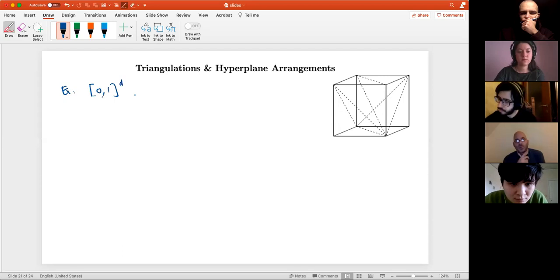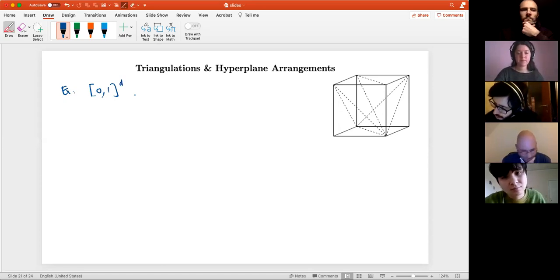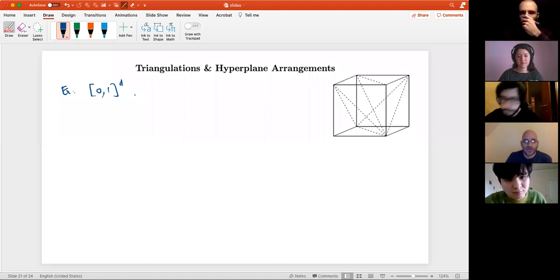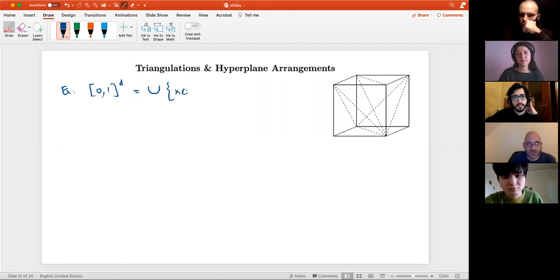I will show you what's called the canonical triangulation of the unit cube in d dimensions. So this is a d-dimensional 0, 1 cube, and I will do something that really seems completely silly, but it turns out this gives you a triangulation.